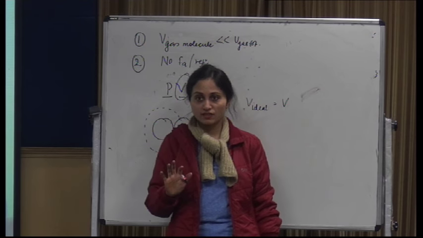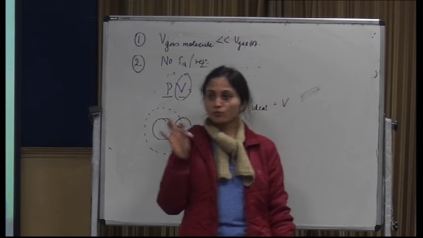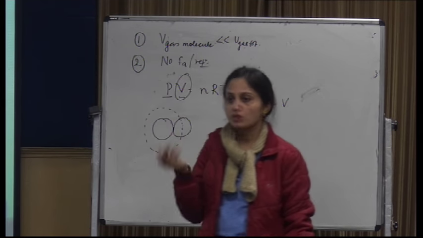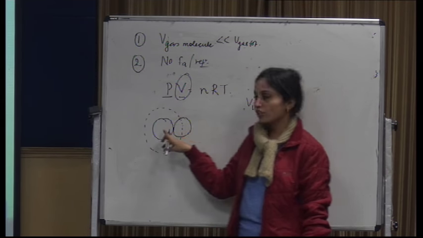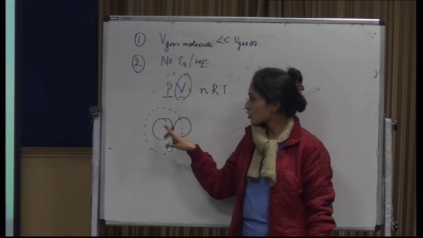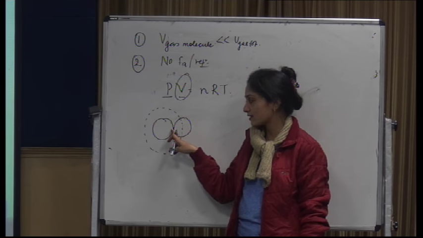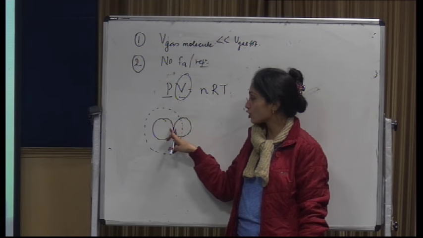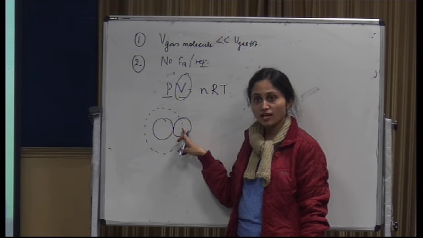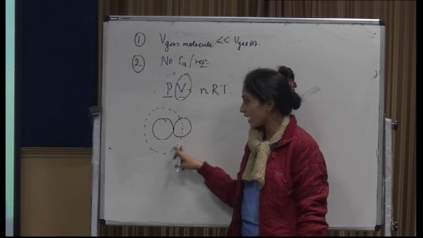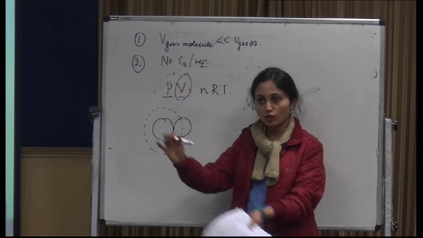I repeat it again. We assumed that they do not occupy any volume, which was wrong. Each of the molecules actually contributes to the total volume. When two molecules are interacting, or colliding with one another, it is not just the volume of these gaseous molecules, but because they interact, it can be the entire volume which will be occupied.